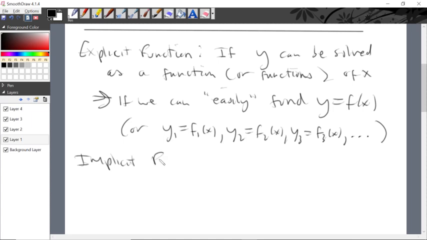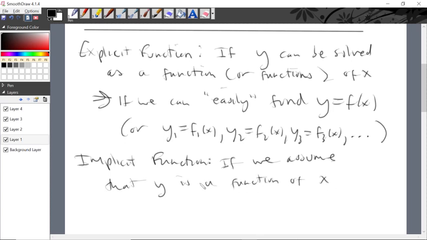Now, an implicit function is if we assume that y is a function of x already, or a combination of functions, or y can be expressed as a combination of functions of x.